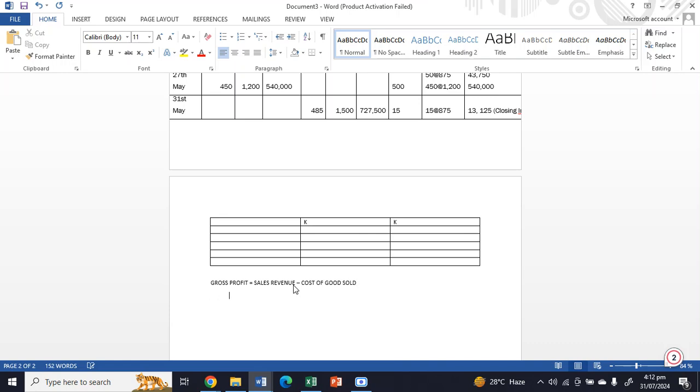And if you remember, the way we get our cost of goods sold, we first find the total cost of goods available for sale and we deduct the closing inventory.